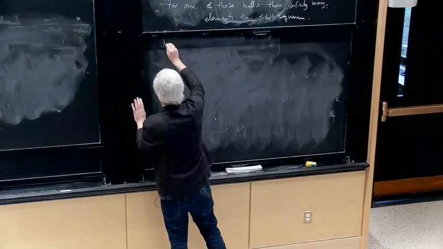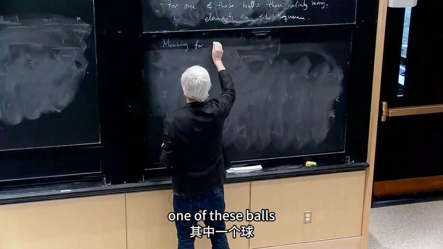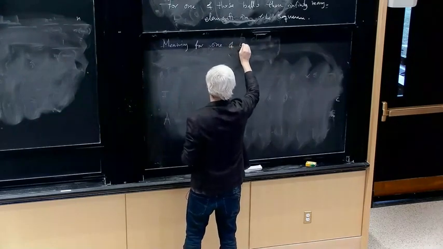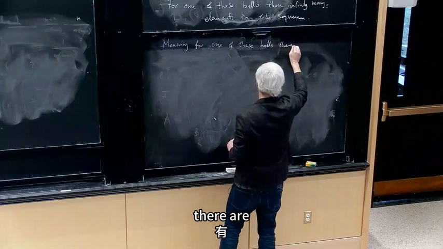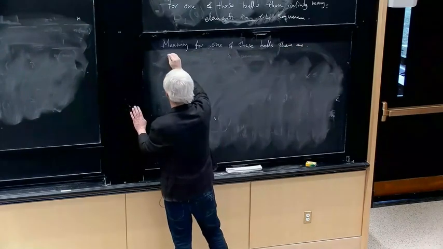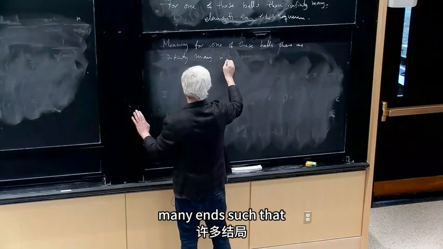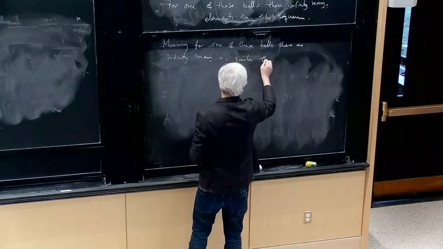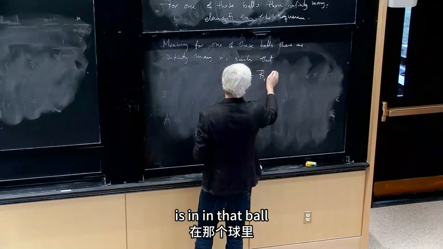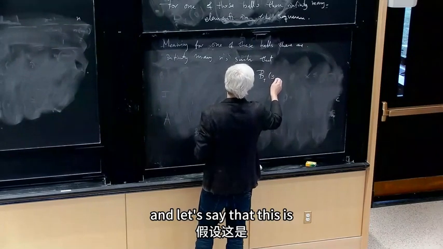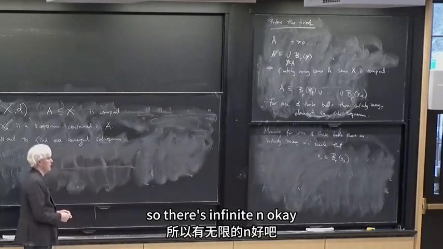Meaning for one of these balls, there are infinitely many n's such that xn is in that ball. And let's say that this is Y3, whatever, fine. So that's infinitely many n, okay?